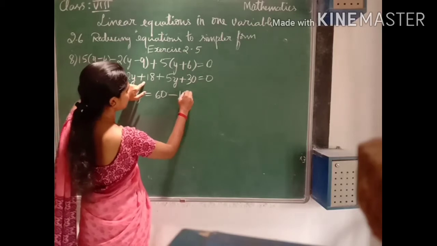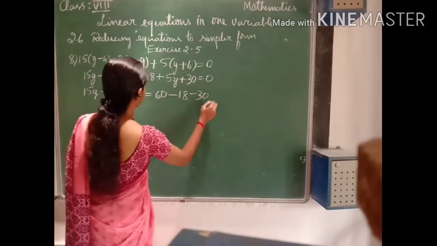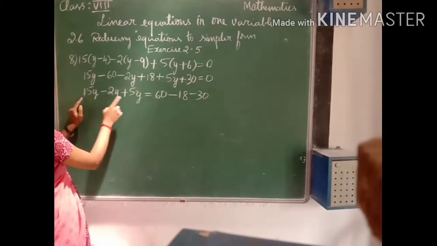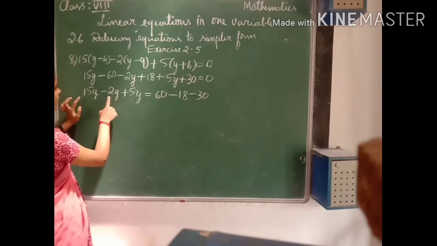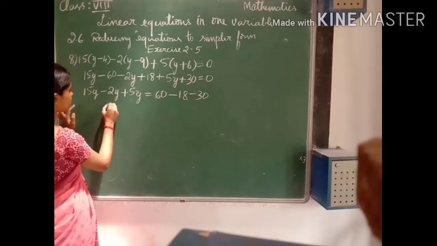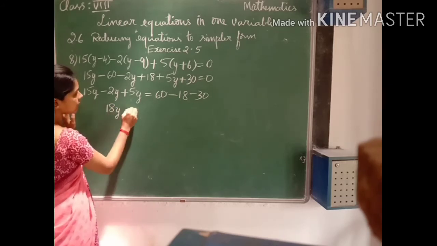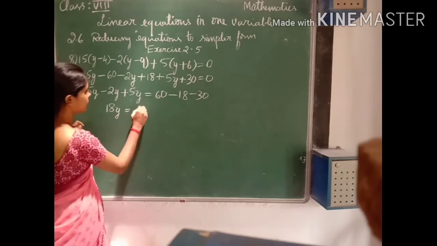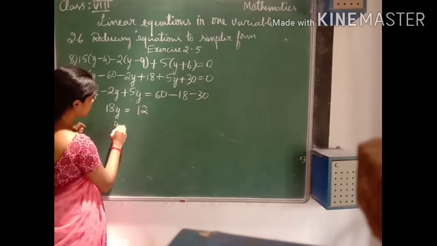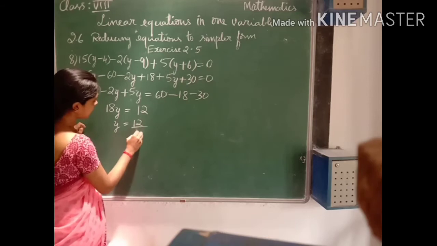So 15y plus 5y will become 20y. 20y minus 2y is equal to 18y. 18y is equal to 12. So y is equal to 12 divided by 18.